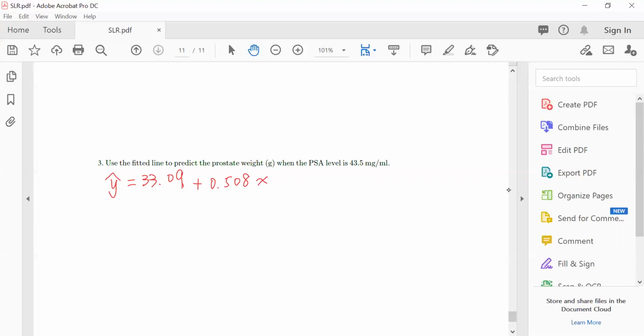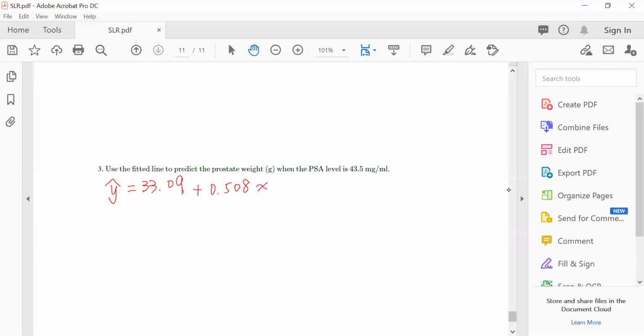Now you could use the data provided to check the assumptions of simple linear regression. So this is for your own practice.